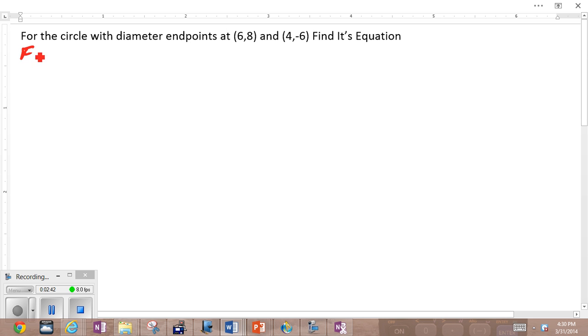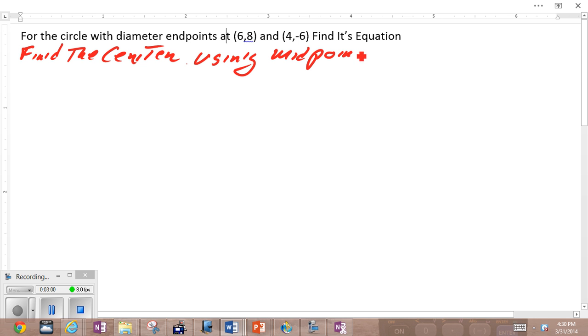The center is simply found using the midpoint formula. Find the center using the midpoint formula. So that's simple enough.